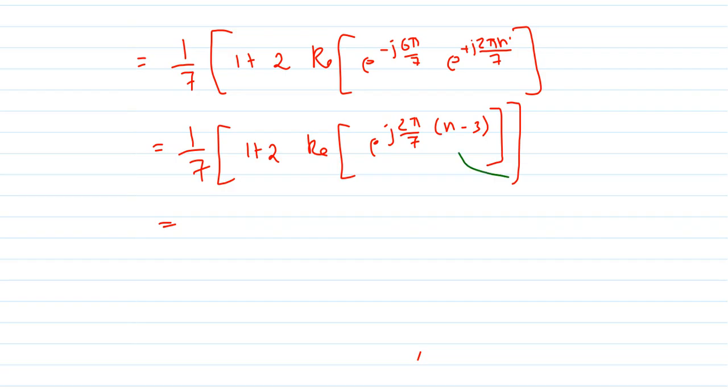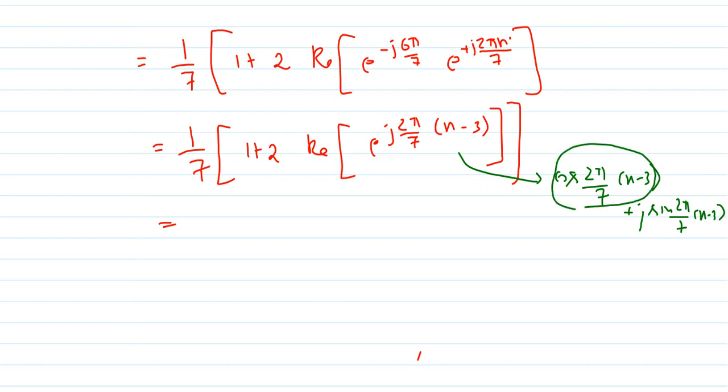It is nothing but cos 2 pi by 7 (n minus 3) plus j sin 2 pi by 7 (n minus 3). So what is the real part of it? The cos alone is the real part, the sin is the imaginary part. So we can write 1 by 7, 1 plus 2 times the real part, which is nothing but cos 2 pi by 7 (n minus 3). That's how you write it.